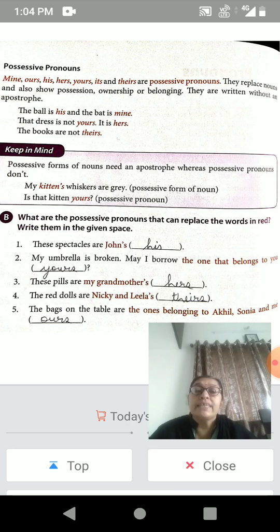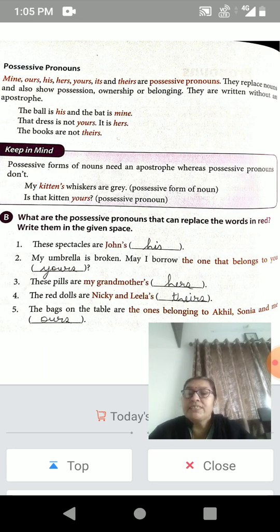The ball is his and the bat is mine. You also enter this definition of possessive pronouns with its example in your notebook. After this entering definition, you have to write down exercise B as per each type of pronoun's definition and after its exercise. Okay children?